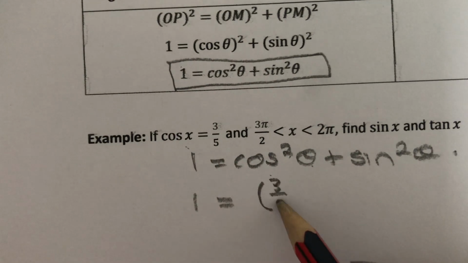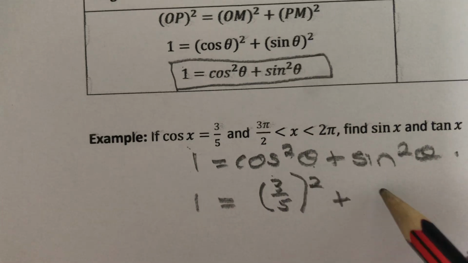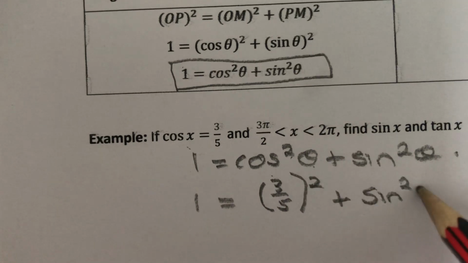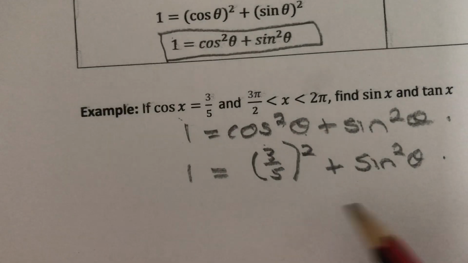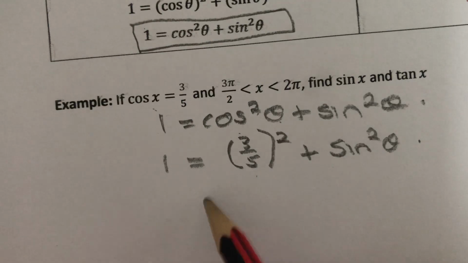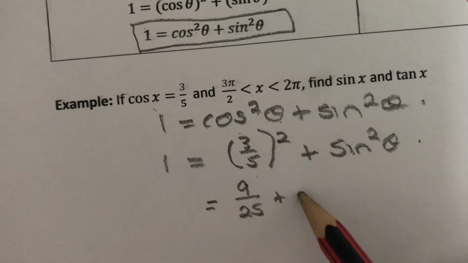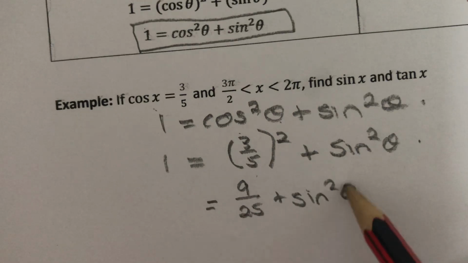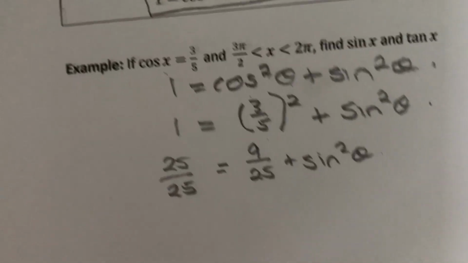So we're going to go 3/5 squared, but we don't have sine squared theta. So we can't deal with that yet, but we can certainly play around with these numbers. Now on here we're going to get 9/25 plus sine squared theta, and if we make that 25ths, then it makes life a lot easier.